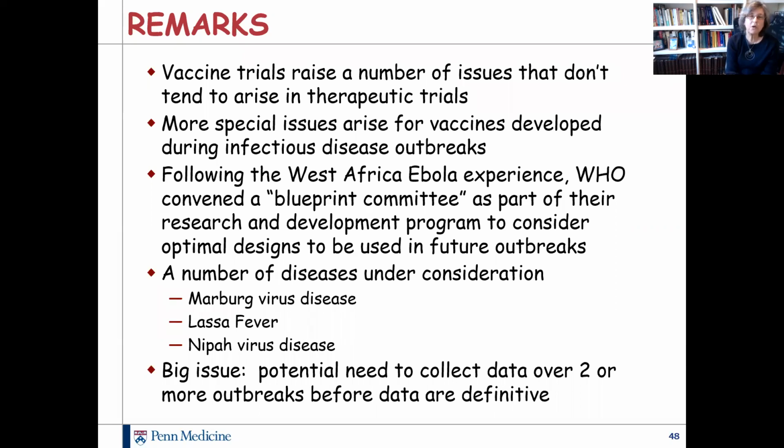Now, in this country, we certainly have examples where you have a seasonal disease and you have to collect data over 2 or more seasons before you're going to have a definitive result. But of course, seasons are predictable and outbreaks are not predictable. So I think this is going to be challenging to get people to do this.